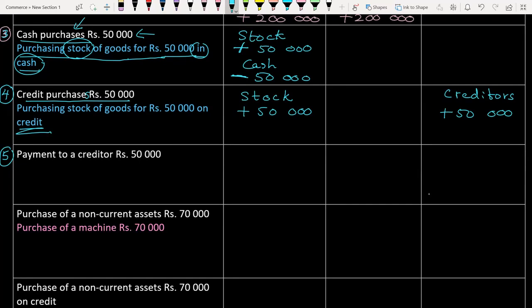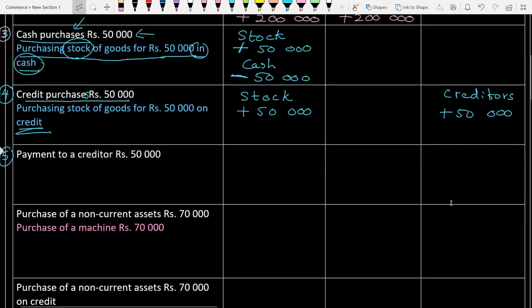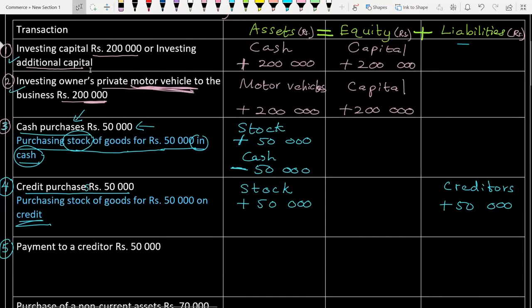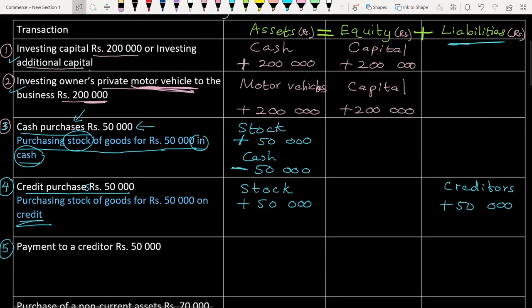So what happens to liabilities? Liabilities of the business will decrease by rupees 50,000. And what do you call this liability? It's creditors.